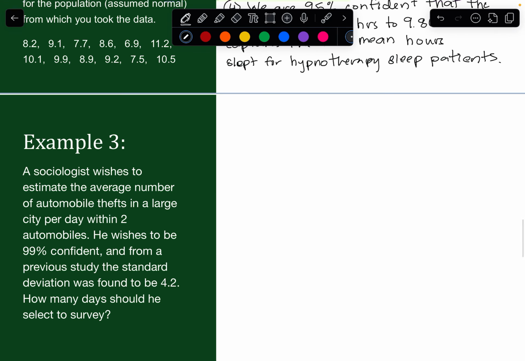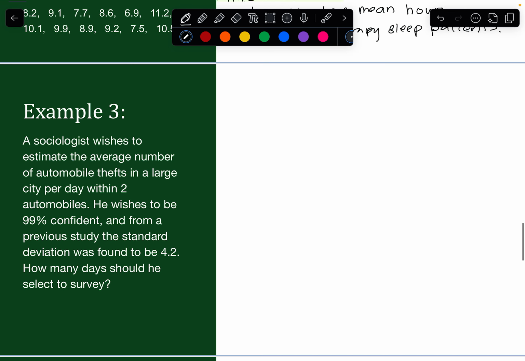But this example says, a sociologist wishes to estimate the average number of automobile thefts in a large city per day within 2 automobiles. He wishes to be 99% confident, and from a previous study, the standard deviation was found to be 4.2. How many days should he select to survey?